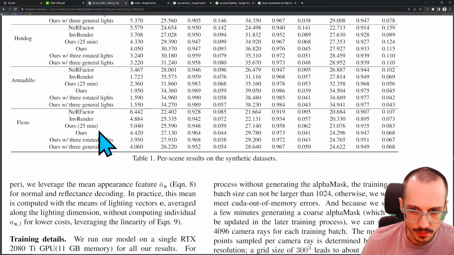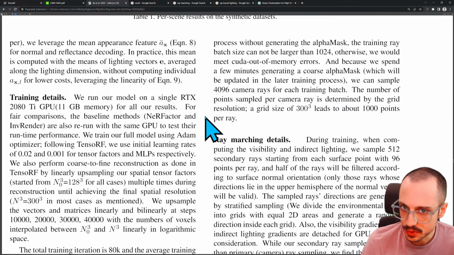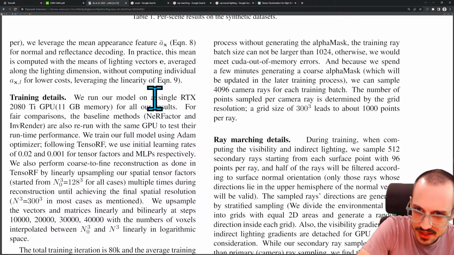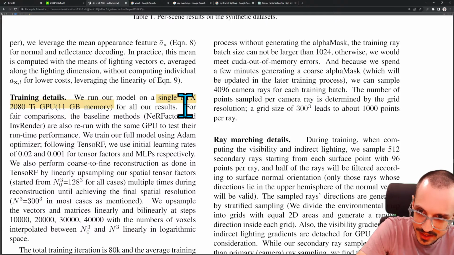Here you have more precise details. Here's the actual GPU. So they're running this on a single RTX 2080 Ti with 11 gigabytes of memory for all our results. That is very achievable. Damn, this makes this paper so much more impressive, because even the GPU in this computer is better than that. So I like that.